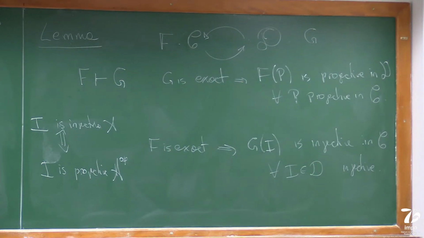The only problem is that I hope I didn't screw up in the order. I could have said that F of I is injective in D if I is injective in C. I think I got it right there, so let's check it.